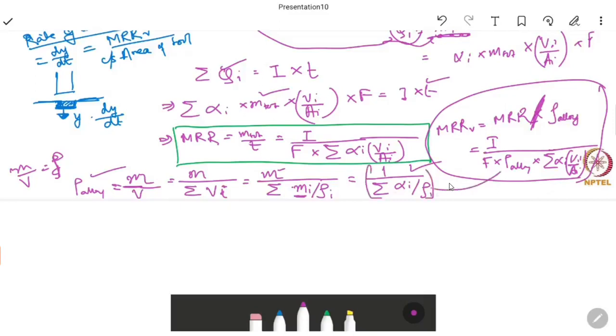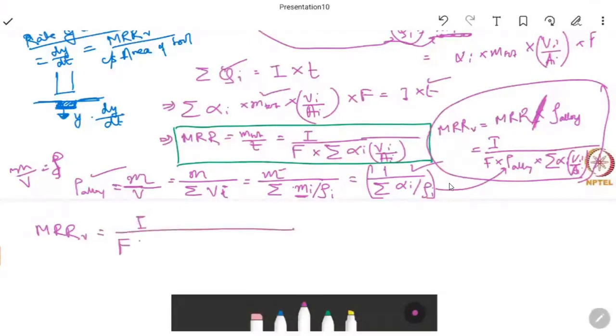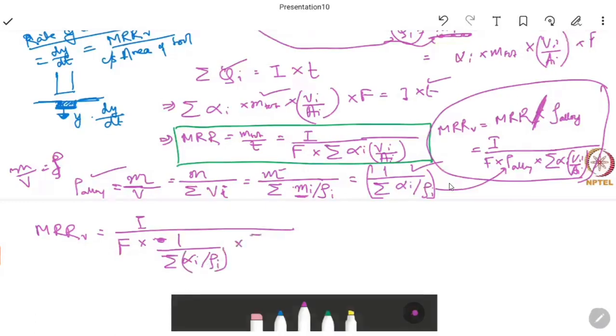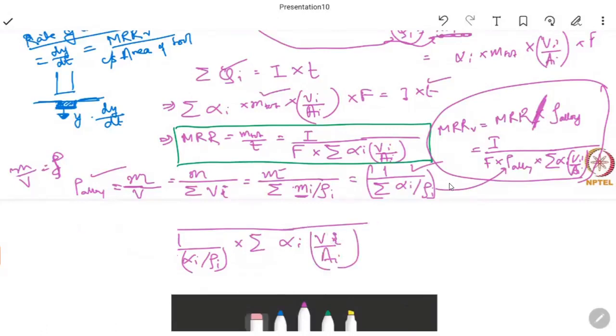If we substitute it here, then we will get MRR, V is equal to I divided by F into the summation of vi by Ai, where vi is the valency of the ith element, and Ai is the atomic weight of the ith element.